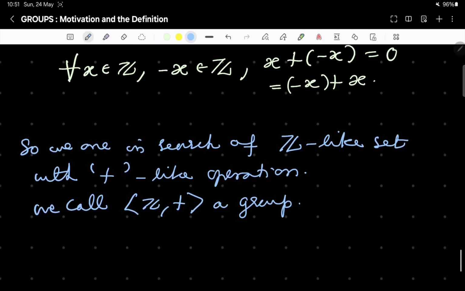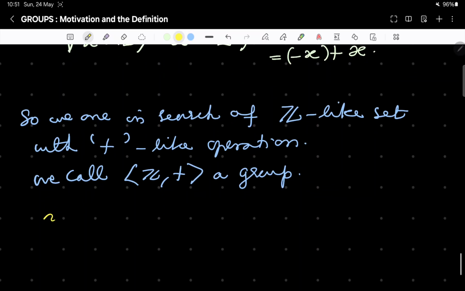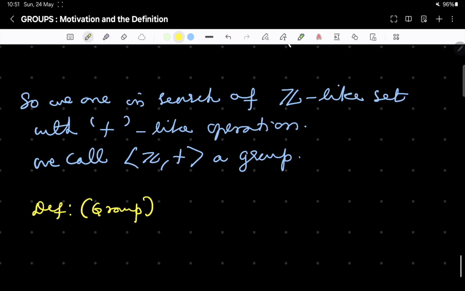Okay, so I just said an example first, and we should look at what is exactly meant by a group. So we'll go for a definition. Definition: group.